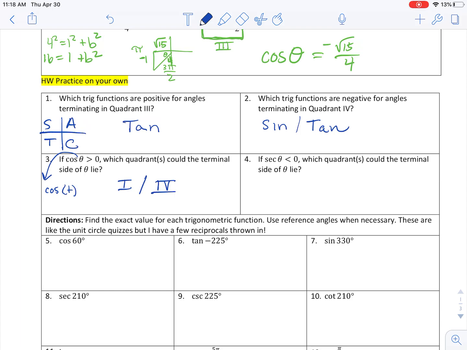The next question, number 4, says if secant is less than 0, so basically if secant is negative, which quadrants could the terminal side of the angle lie in? Secant's sign is going to be the same as cosine's, and cosine is negative in 2 and 3. That means secant would be negative in 2 and 3.